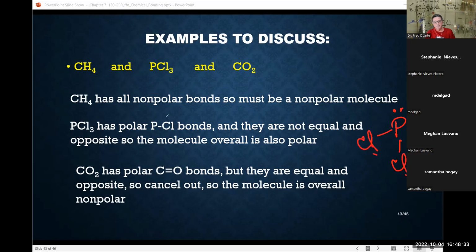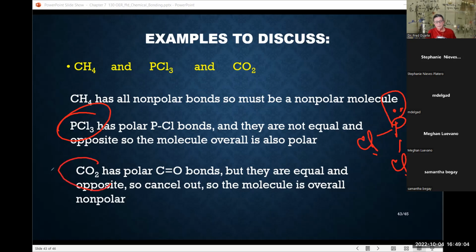I can tell you in general terms that whenever you end up with a lone pair on the central atom, you don't have to go any further to determine that this species is polar, because that lone pair will decrease the bond angle.